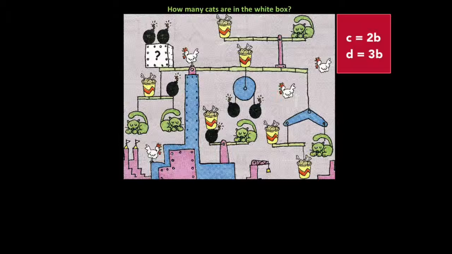So if we look, there are three main sections on the right here. We have at the very end this section here comprising of two buckets and a cat tied on to the very end of the pole or whatever it is that's holding them up. We have a bucket of chicken and a cat which is on this pivot here, and so their weights will actually act through that point.